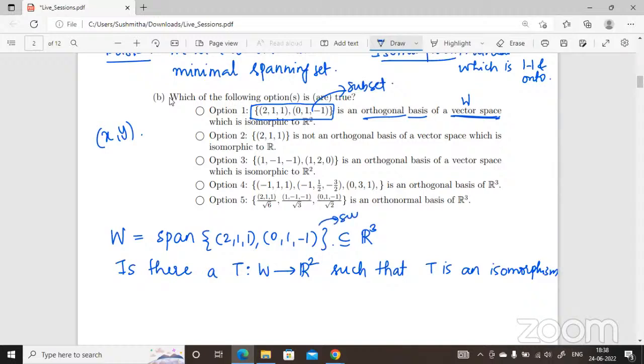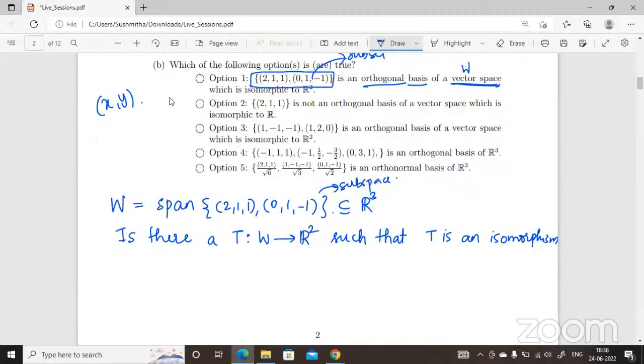Only a single vector is a subset. So W is a subspace of R3. Yes, that's why I am saying. Can you define an isomorphism from W to R2?